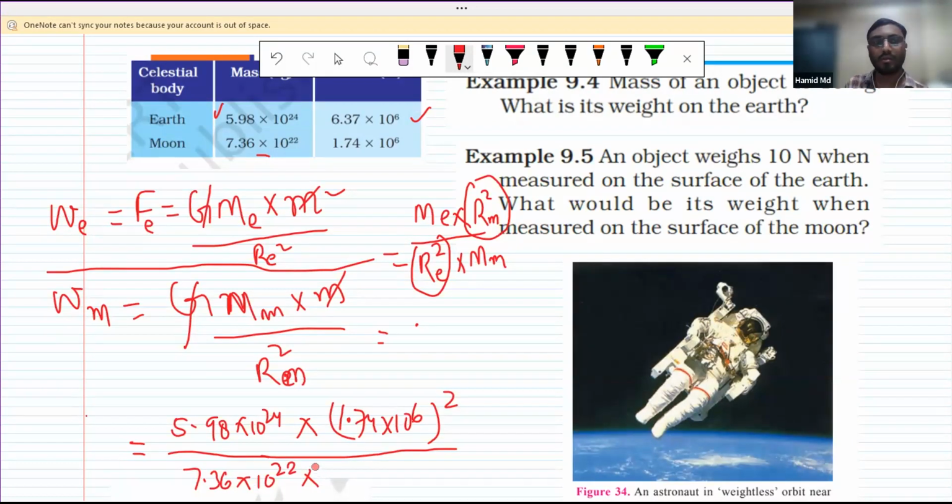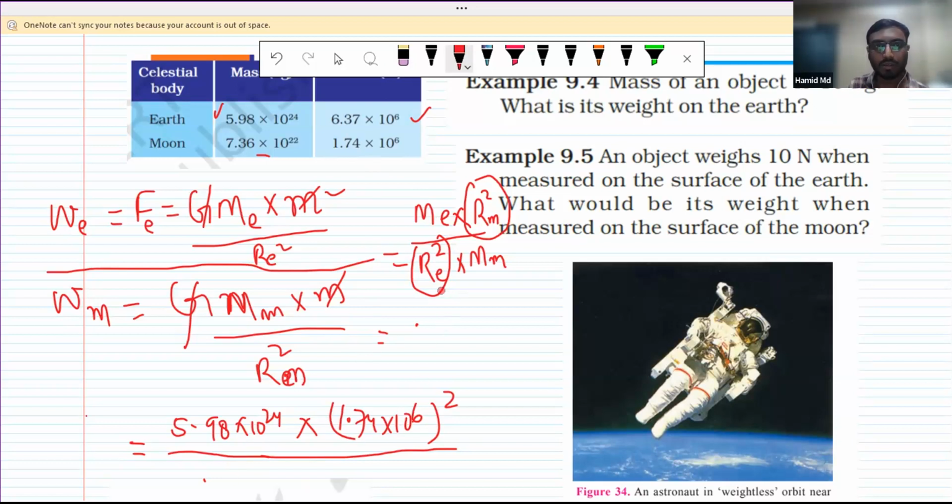Give me a second. I will write in order. Okay. Mass of Earth is 5.9 and radius of moon is 1.7.